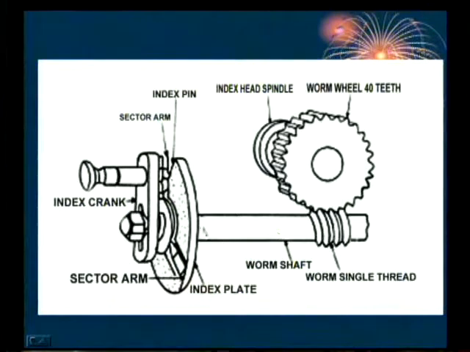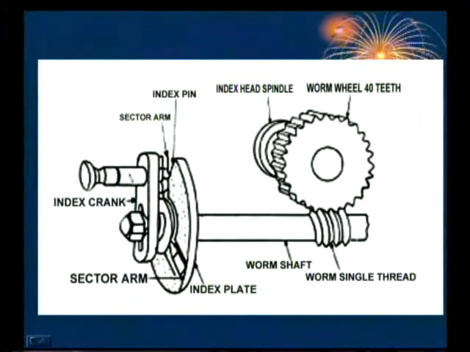Here, this is the worm shaft, and this is the main spindle, the index spindle. At the end of this spindle, the job will be fixed, and this is the index plate, where you see a number of holes. These are all concentric holes, each circle having a specified number of holes, and this part is the index crank.